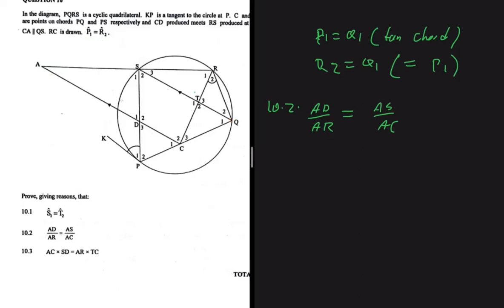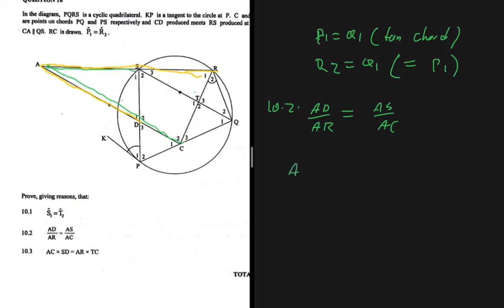Yeah, so we have AD. Where's AD? Yes, AD here, right? So AD divided by AR is said to be equal to AS divided by AC. So we have AS here divided by AC, right? So I can see immediately that this is all going on in two triangles, right?